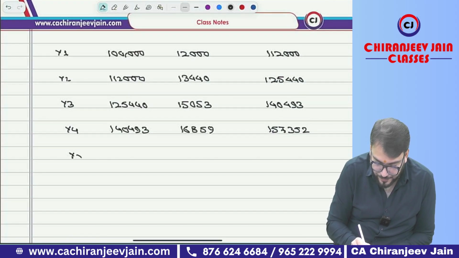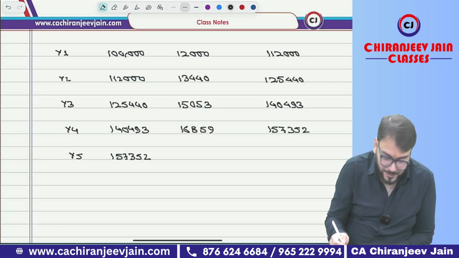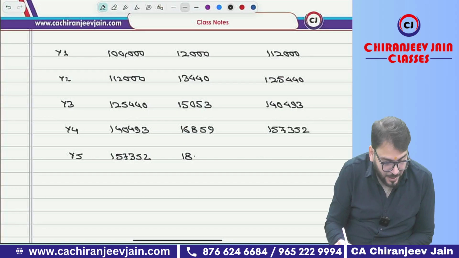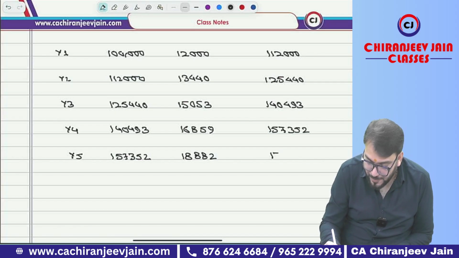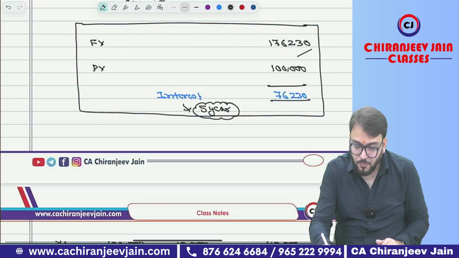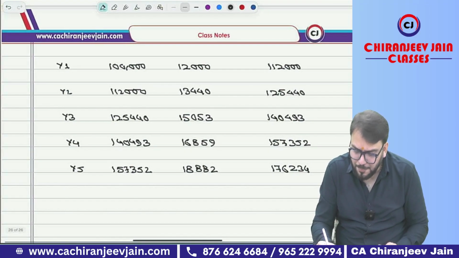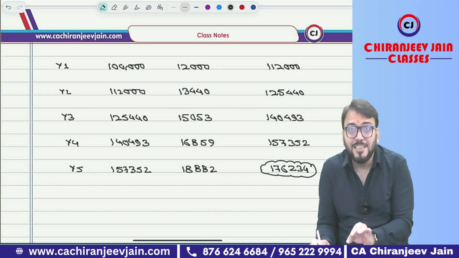Correct. Last year, 1,57,352 into 12% will be 18,882. And if you add it, it will be approximately 1,76,234. And what was the answer? 1,76,230. Approximation. Understood? Approximately the same amount.